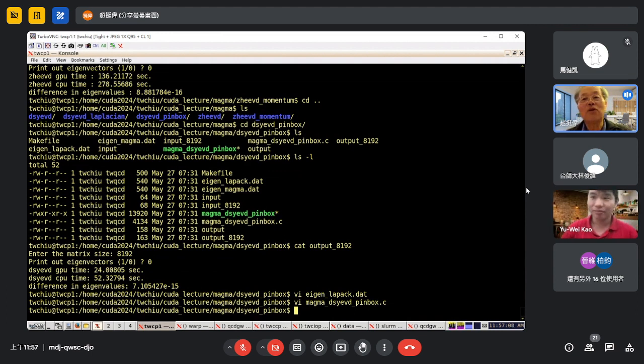No matter how many dimensions of the lattice, you can always do the mapping to one dimension. So this simple example is sufficient for generalizing to any other problems in any high dimension.